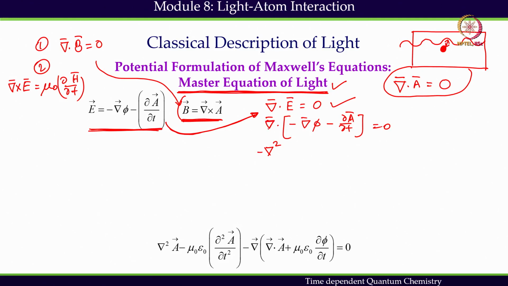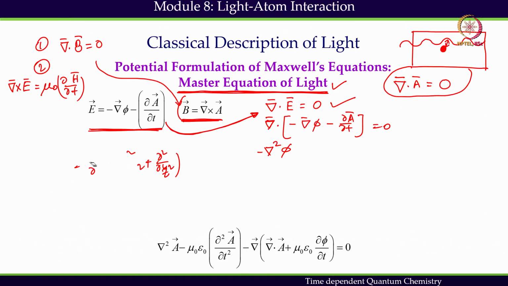So, del dot del is a del square operator, which is nothing but this second partial derivative. That is the form we get.